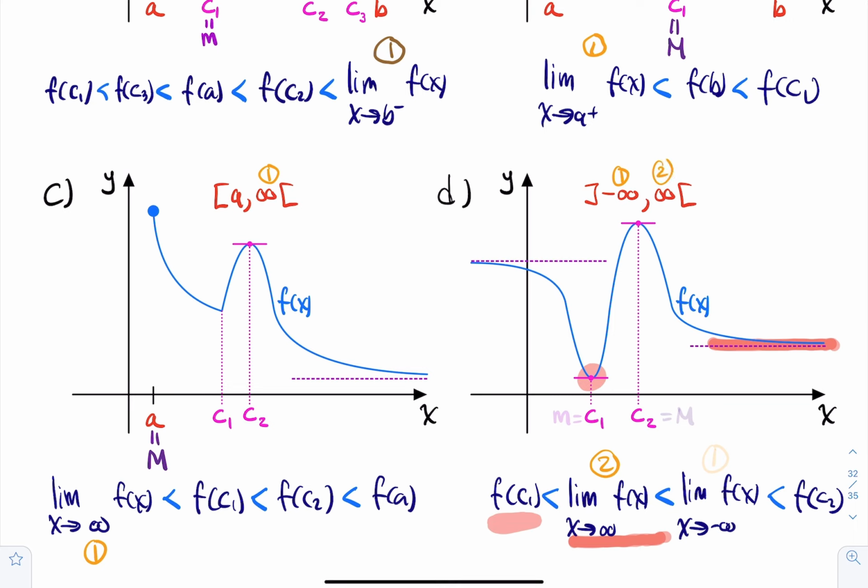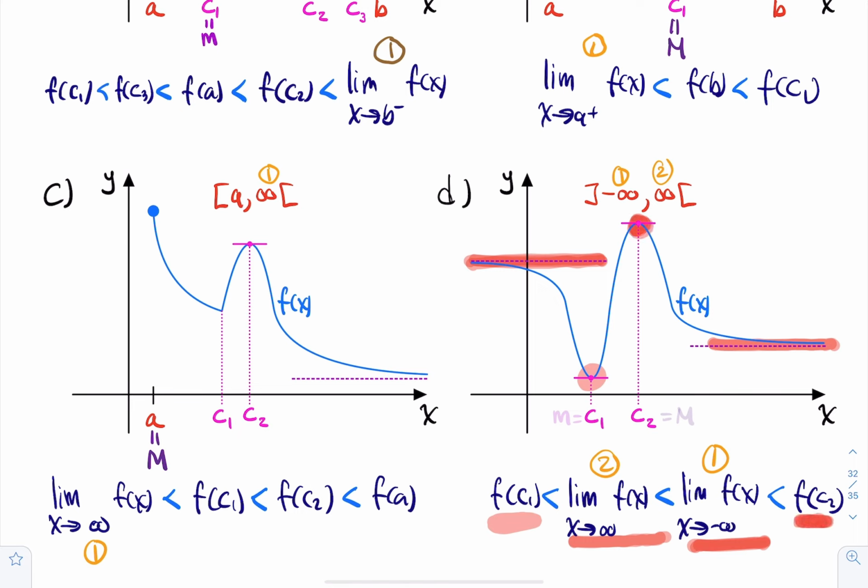And then the third thing, after that first horizontal asymptote to infinity, the one going to minus infinity is a bit higher up. This second limit is, of course, given by the first open endpoint. So make sure you see the connection between those limits and my little comparison here. And then the biggest possible value is reached at the second critical point.